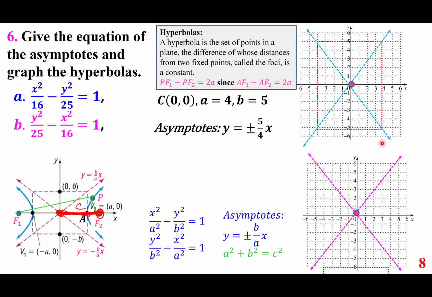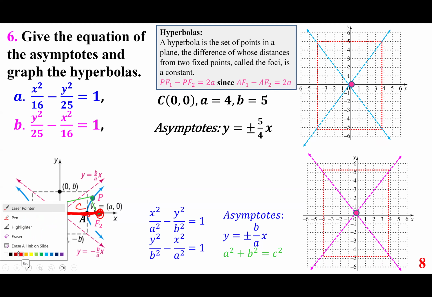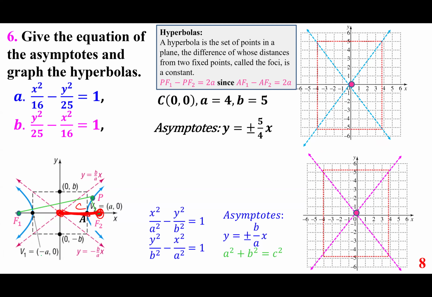And we have what is called the fundamental rectangle. If you look at this one, A is 4, B is 5.